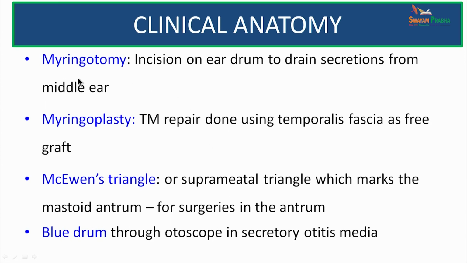Myringotomy is a procedure where an incision is made on the eardrum to drain the secretions from the middle ear. Whereas myringoplasty is the repair of the tympanic membrane done using temporalis fascia as a free graft.